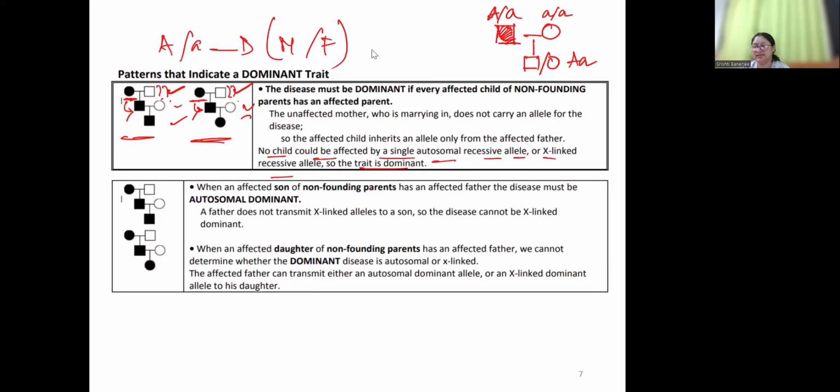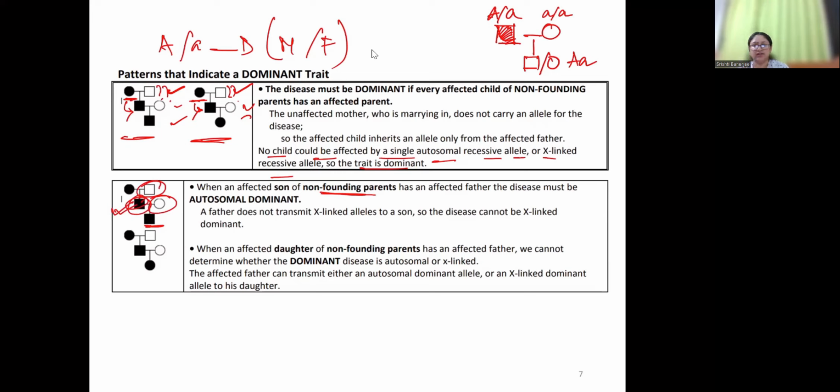So when the affected son of non-founding parents has an affected father, the disease must be autosomal dominant. Okay. Now we have to see that it's dominant. Now whether it's autosomal or X-linked, that is something we need to see. So if the affected son of the non-founding parents has an affected father, disease must be autosomal dominant.